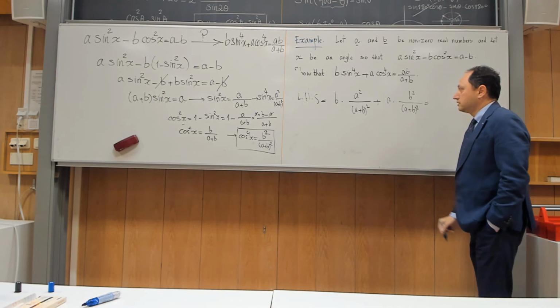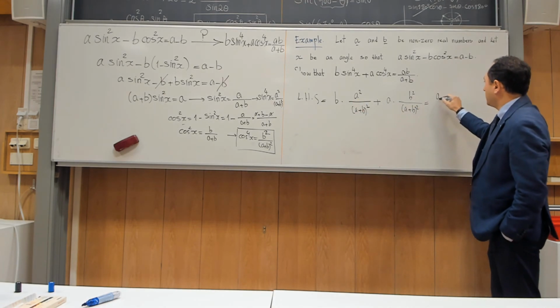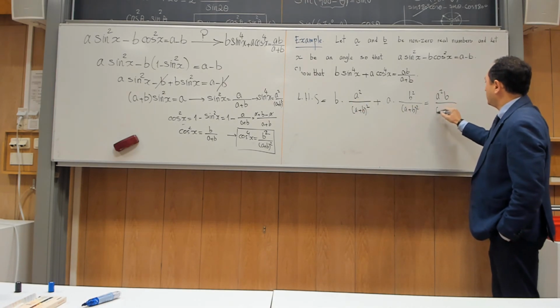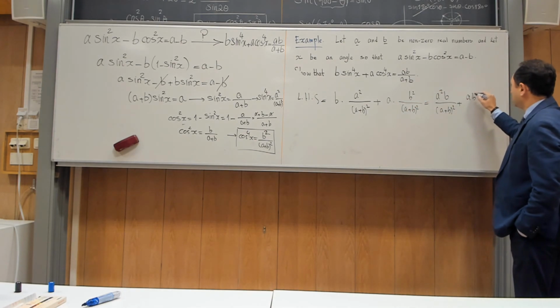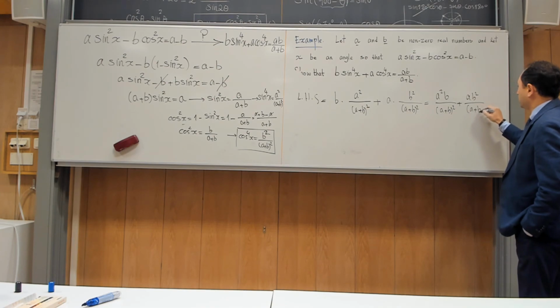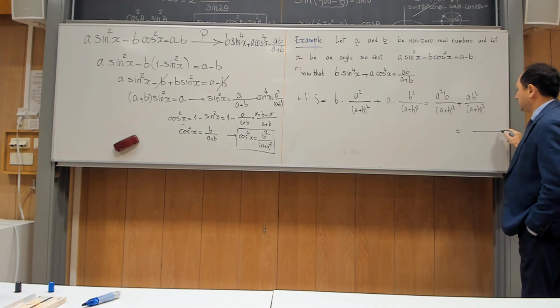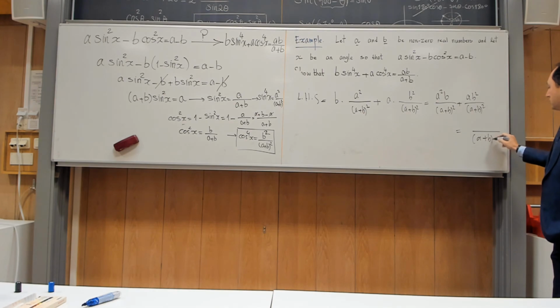And then what happens? I multiply this here, it becomes a squared b over a plus b to the power of 2, and ab squared divided by a plus b to the power of 2. But I am lucky, the denominators are the same. So I just write this, and I add these two. So it becomes a squared b plus ab squared.